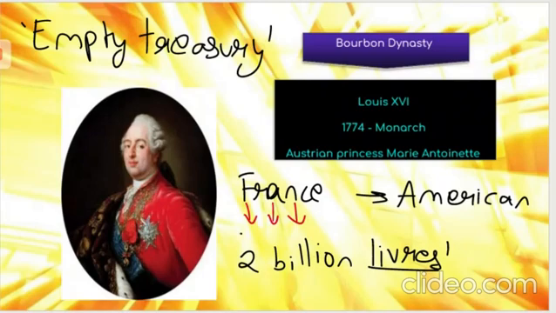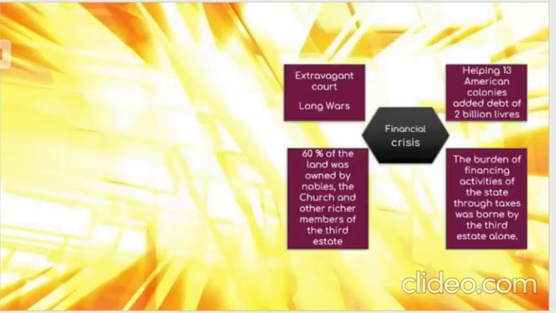Correct. Now, the lenders who gave the state credit began to charge 10% interest on loans. If you're taking loans, you have to pay 10% interest. So the cost of maintaining an extravagant court at the immense palace of Versailles added to the adversities. What do you mean by extravagant?